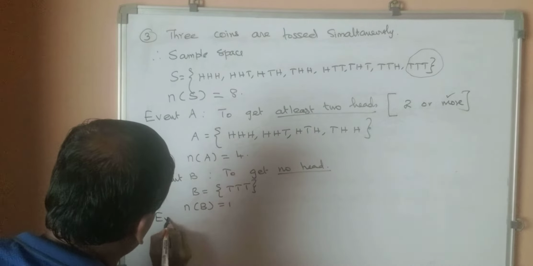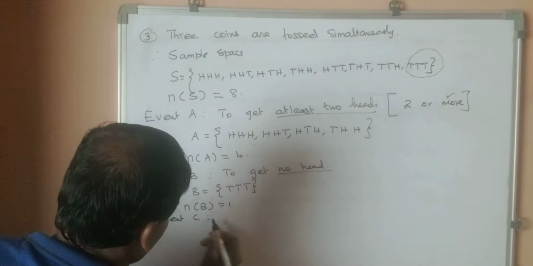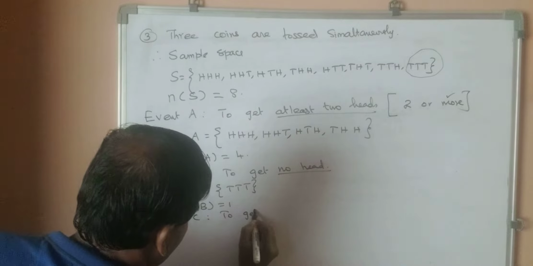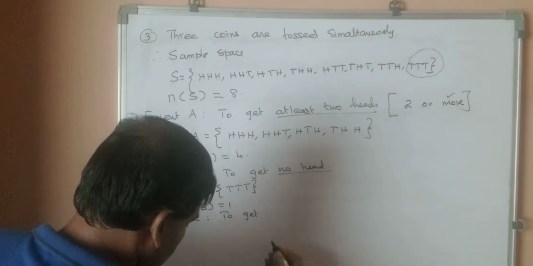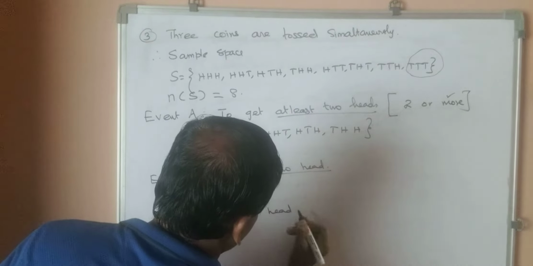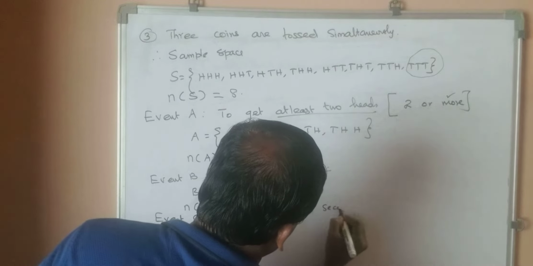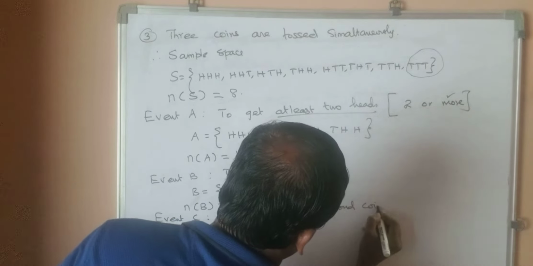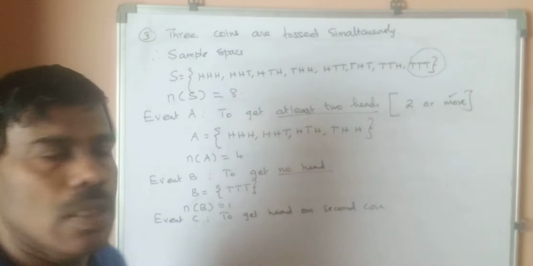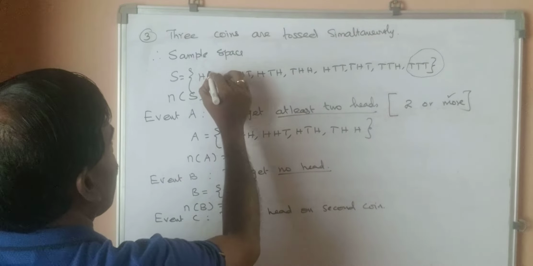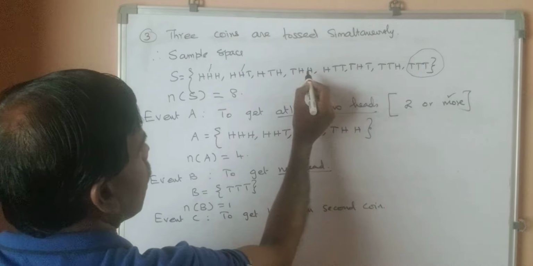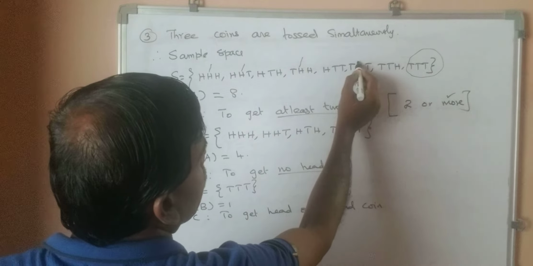Now third one. Event C: to get head on second coin. Okay. Now we will see the possibilities. See here, second coin head is there, second coin head is there, second coin head is there, second coin head is there.